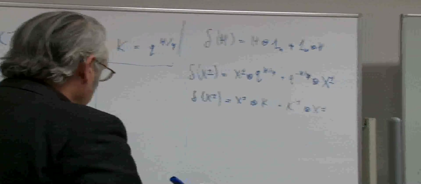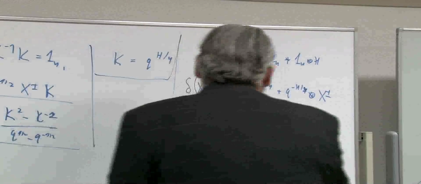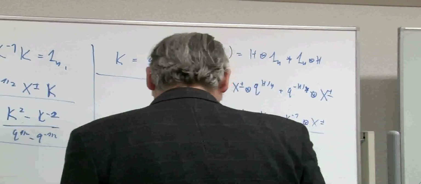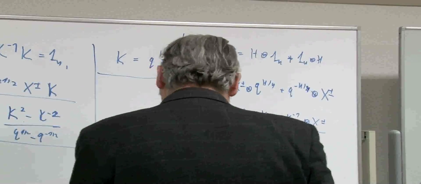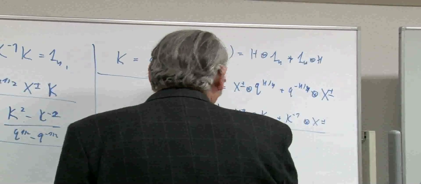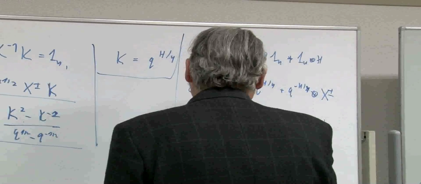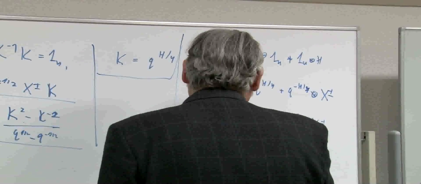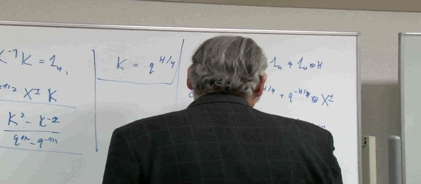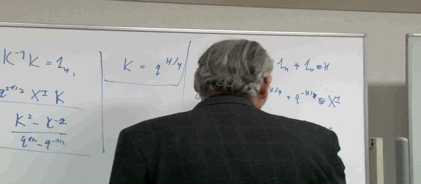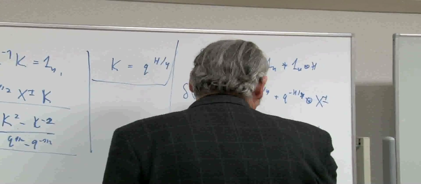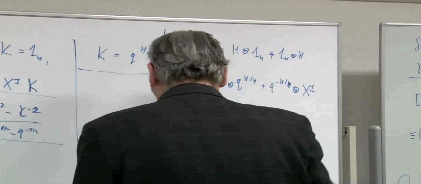Then the co-unit, of course, is as before: epsilon of z is equal to 0 for all z, as before.